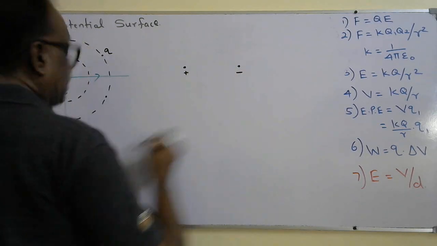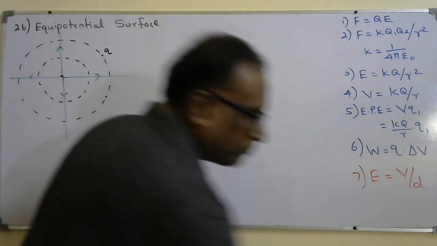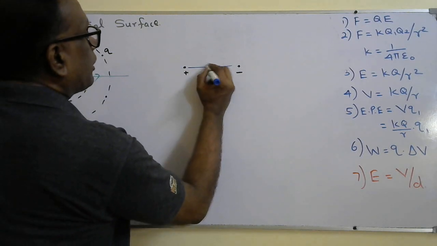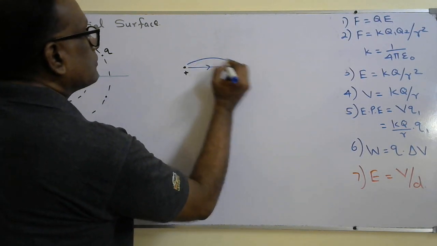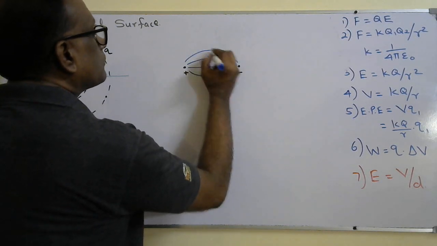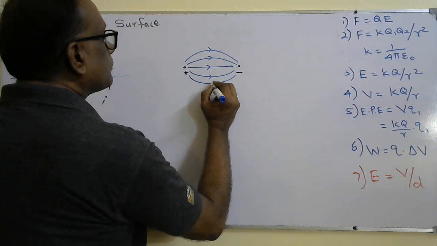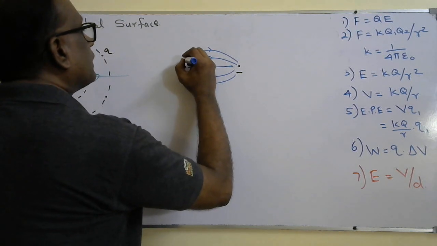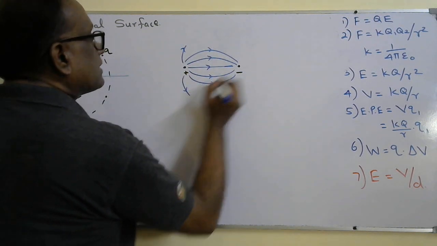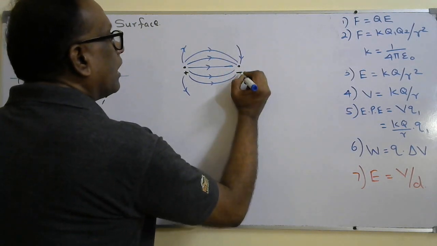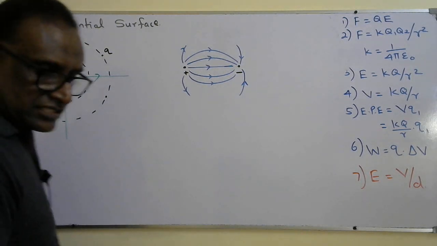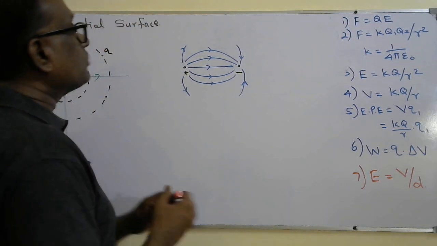Now when you consider the equipotential surface for two point charges, a positive charge and a negative charge, you know the field lines will be from positive to negative. The field lines are like this. I already drew it. So if I draw the equipotential surface for this combination of positive and negative charge, the equipotential surface must be perpendicular to the field line.